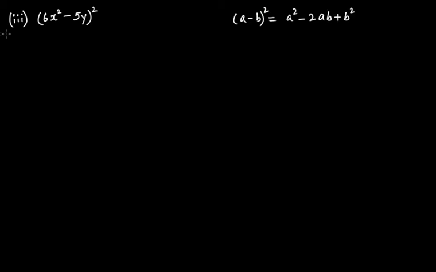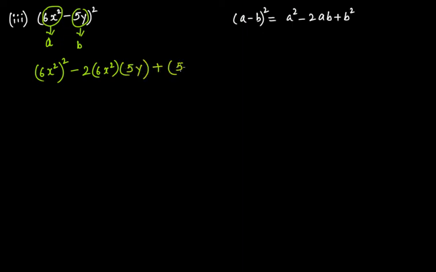So here if you look at this one, this becomes a and this will come at the place of b. So this is a squared means 6x squared whole squared, right? Plus minus 2 multiplied by a means 6x squared multiplied by b means 5y, then plus b squared means 5y whole squared.